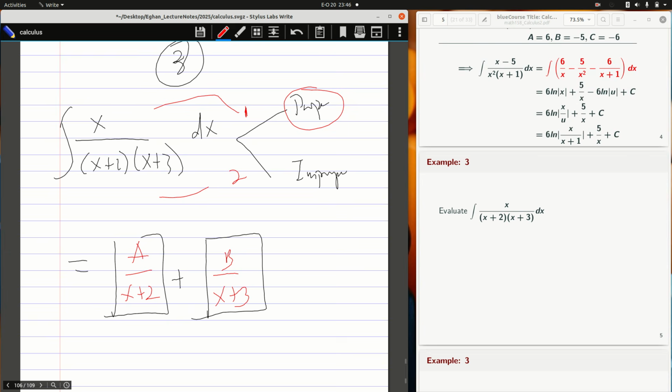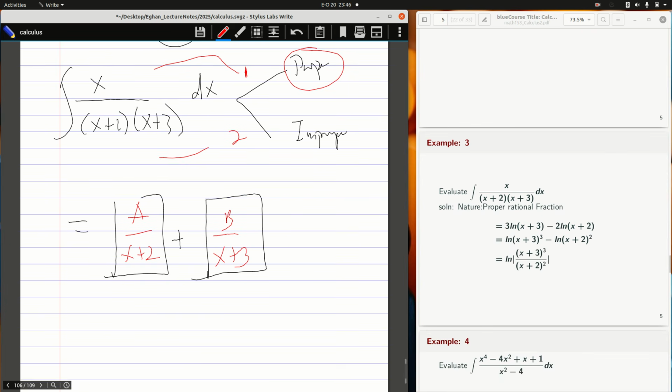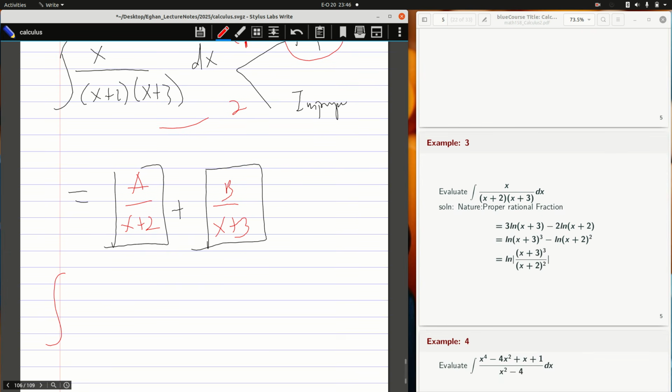Okay, this means that my integral x over x plus 2, x plus 3 is actually equal to the integral a over x plus 2 dx plus the integral b over x plus 3 dx. You have to find your b and a, which I didn't go through.